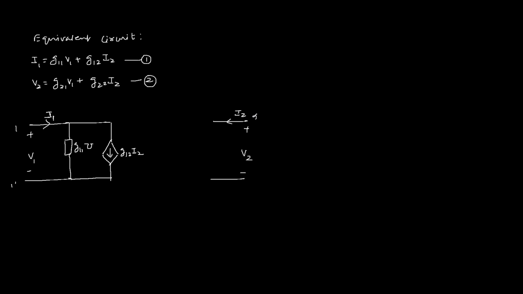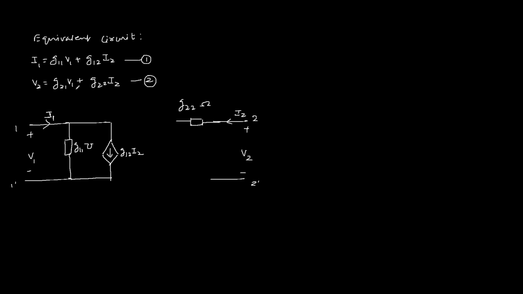The voltage of port 2, the output port, is V2, and here we have the drop across G22. So G22 is an impedance connected here. Its unit is ohm, and the first quantity of the second equation is G21 V1, and V1 is the voltage of the input port, port 1.